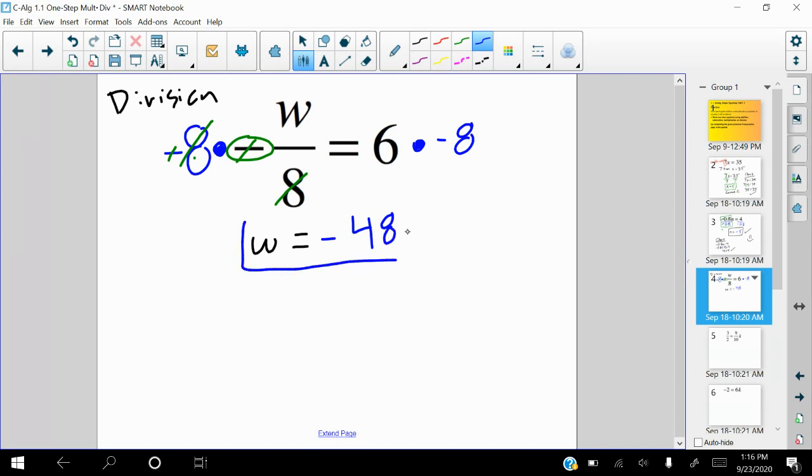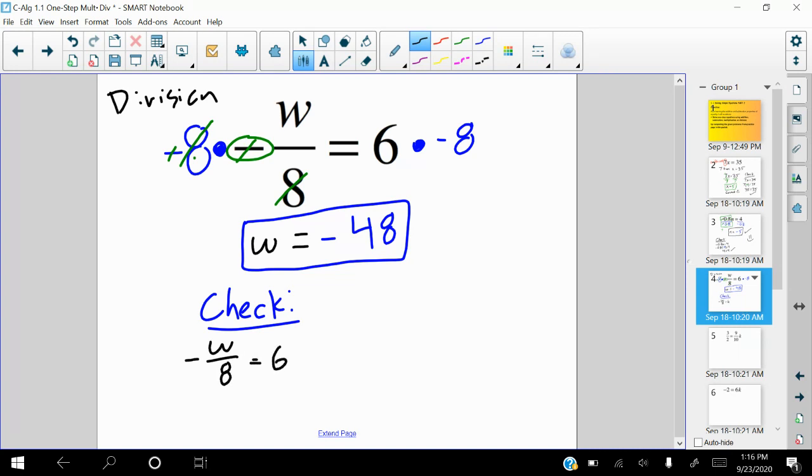And now we have to do one more thing, and as you guessed it, we need to check our work. So let's go back to our original problem. Negative W over 8 is equal to 6. I'm going to go horizontally here because I don't have the room.